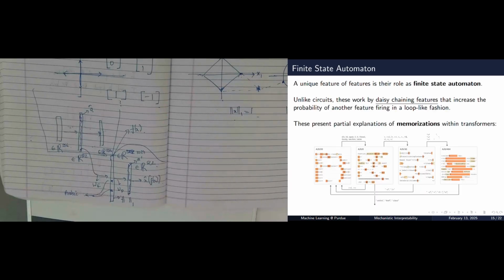One unique consequence of this is also finite state automaton in terms of just daisy chaining activations, wherein one token leads to another token activating, which leads to another token activating. Usually we talk about circuits as sets of parameters that lead to these particular types of behavior. Again, I think we are a little short on time, so I won't go too deep into this. But the idea is that one thing activating positively leads to something else activating positively because of patterns that have been learned.